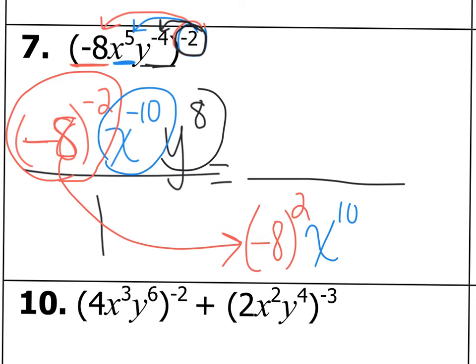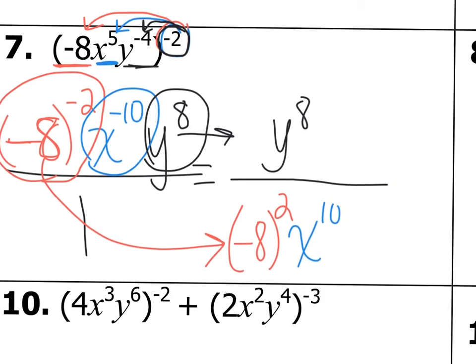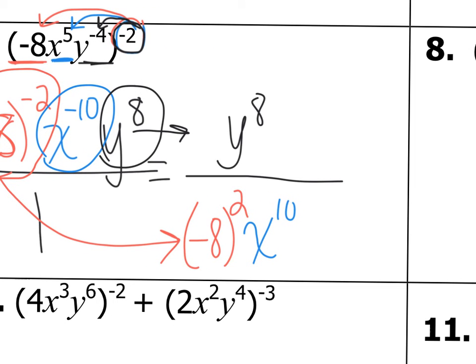And y to the power of 8 does not have a negative exponent, so it's going to stay on the top, on the numerator. So when I simplify this, I will get y to the power of 8 divided by 64 x to the power of 10. So please write that down as your final answer.